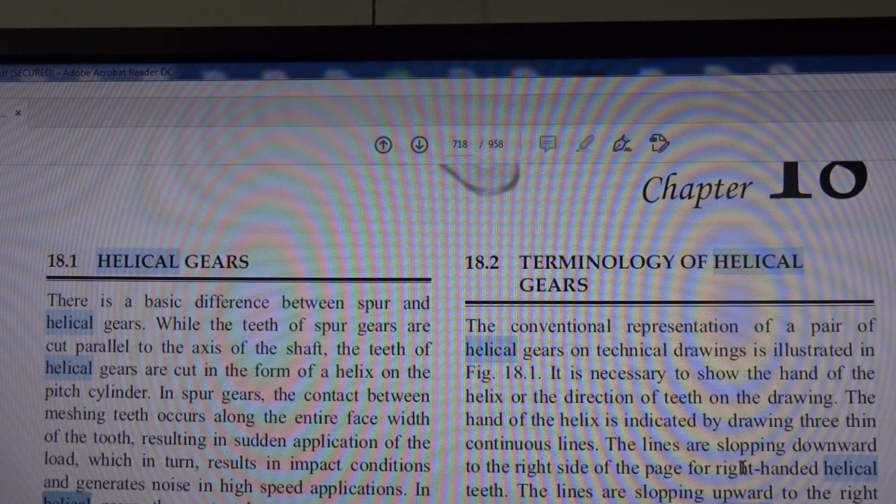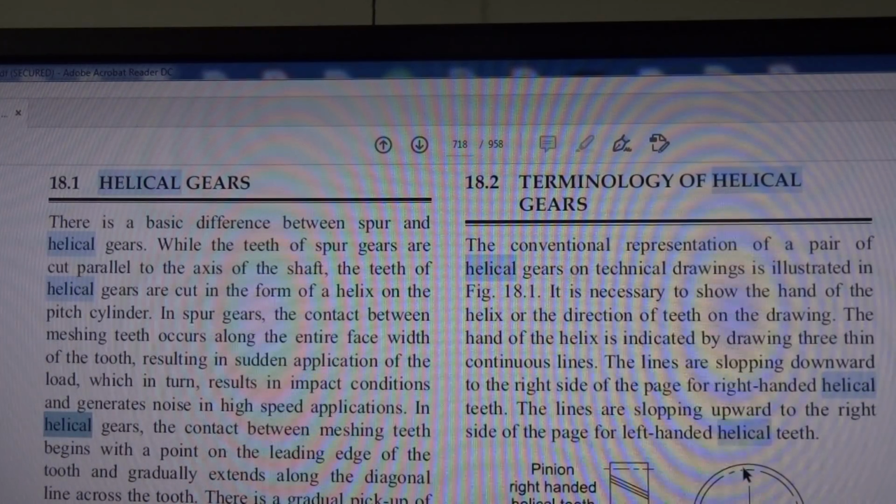In helical gears, the contact between meshing teeth begins with points on the leading edge of the tooth and gradually extends along the diagonal line across the tooth.